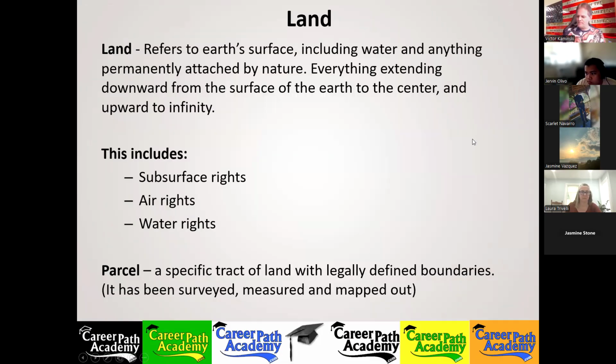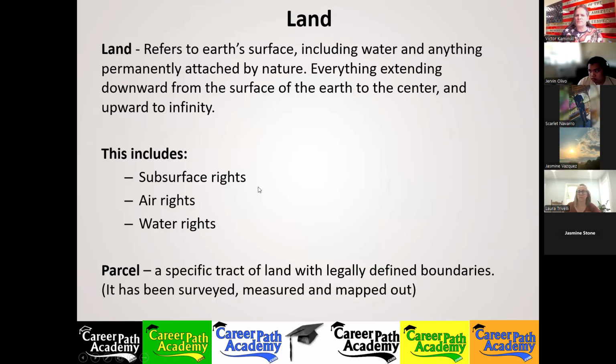So land. What is land? Land refers to the surface of the earth, including water and anything permanently attached to it by nature. Everything extending downward from the surface of the earth to the center, upward into infinity.